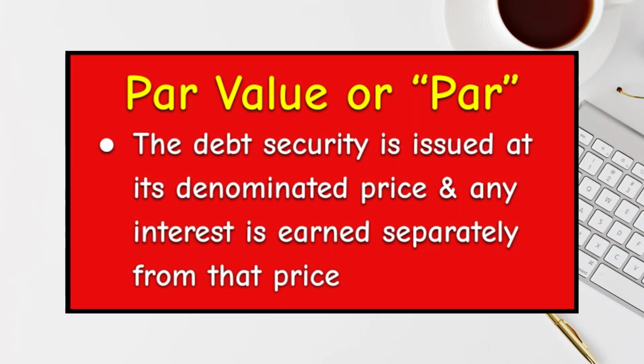There is another nuance I'd like to discuss that you'll most likely see if you do invest in debt securities. Some debt securities are issued at par value, or par. This is just a term meaning that the security is issued at its denominated price, and then interest is earned separately from that price.